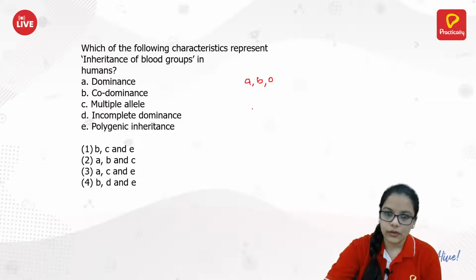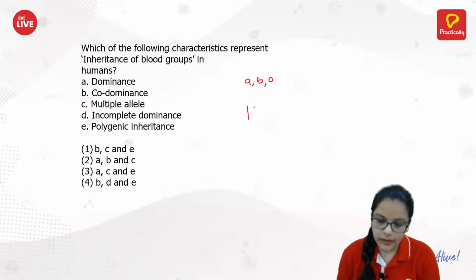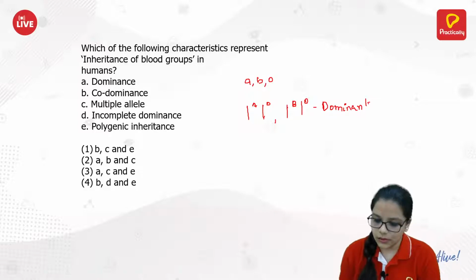So we'll see the different options, and we'll see what is proper: dominance, codominance, multiple allele, incomplete, polygenic. Let's see. Now IA and IO, and IB, it is dominant, dominant and recessive.